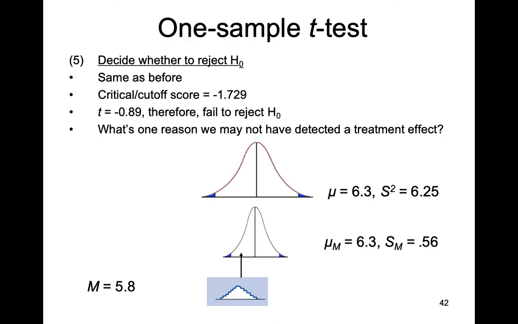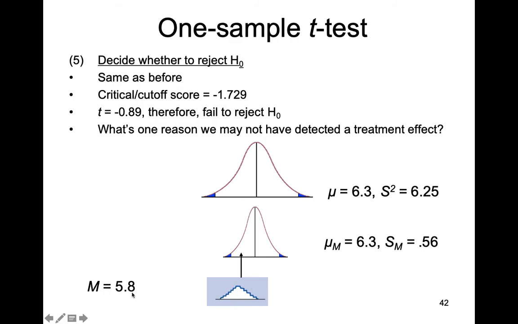Let me just get all my animations here before we go into this. Okay, so again, here's our population of people. These are Miramar students that don't meditate. Average stress 6.3. We figured out an estimated variance. This is our distribution of means. These are the means that are likely to occur via a random sampling process, centered around 6.3 with a standard error of 0.56. Here's our sample. These were the people that did our meditation.